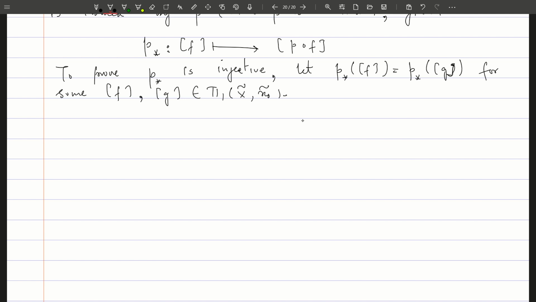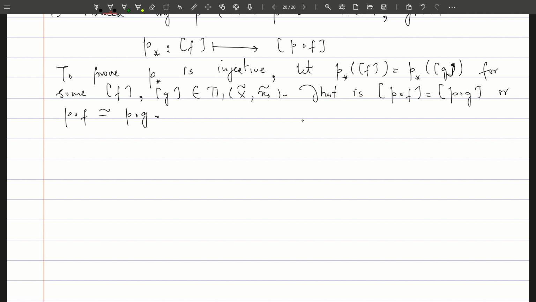So therefore, the homotopy class P composed with F is the same as the homotopy class P composed with G, or the maps P composed with F is homotopic to P composed with G. Now, so we have these two maps.